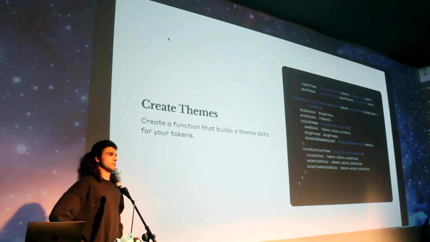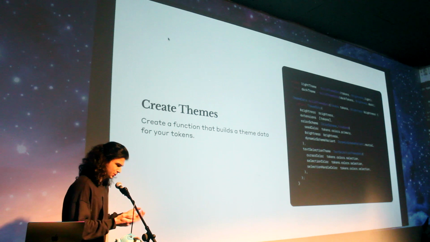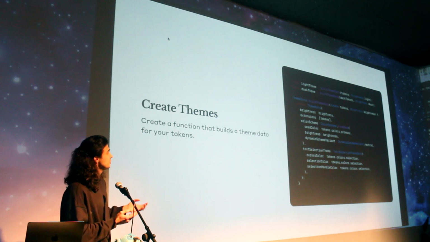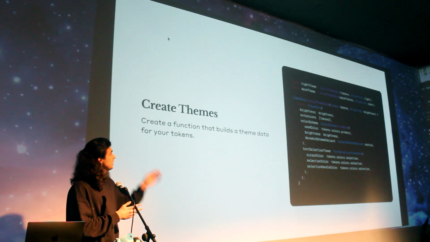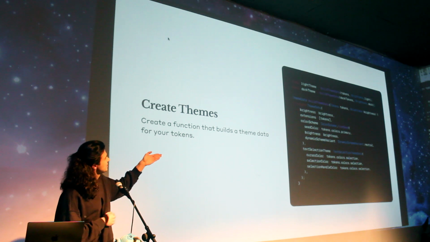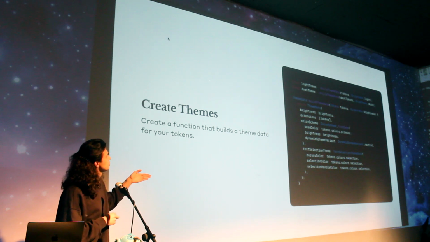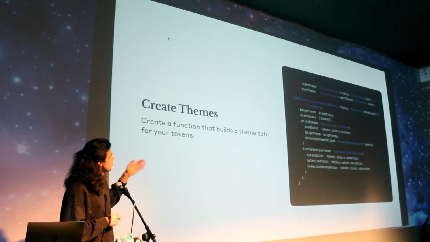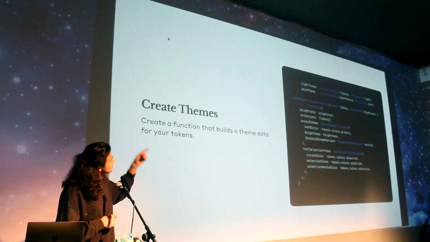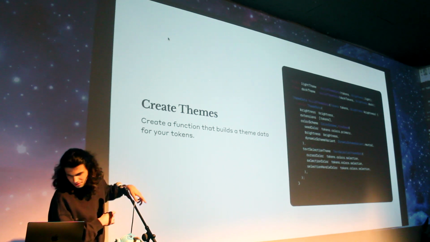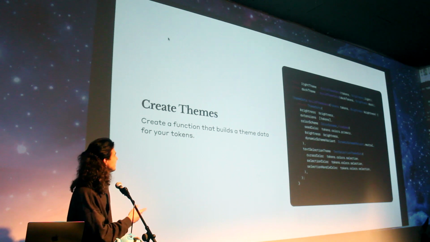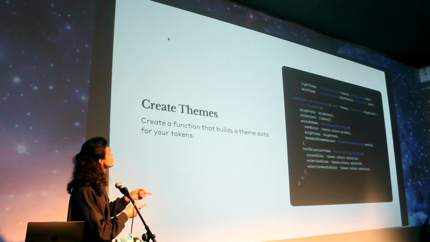In order to actually inject those tokens into your theme, you need to add the tokens to the extensions property of your theme. So how it looks is that you can see in this buildThemeData method that extensions property.